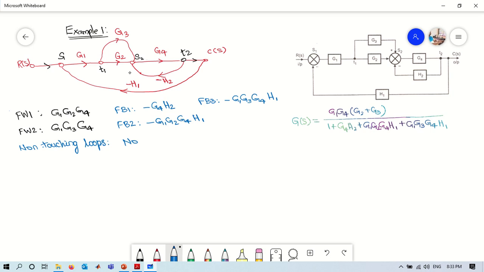So now we can calculate delta of the Mason's gain formula. Delta is 1 minus summation of loop gains plus summation of non-touching loops. Since there is no non-touching loop present in the system, my formula is truncated up to this. So I'll have 1 minus the summation of all the loop gains. I should consider these three feedback gains.